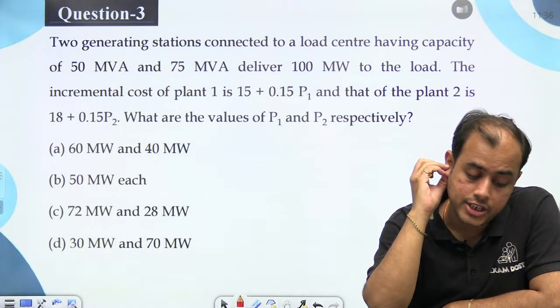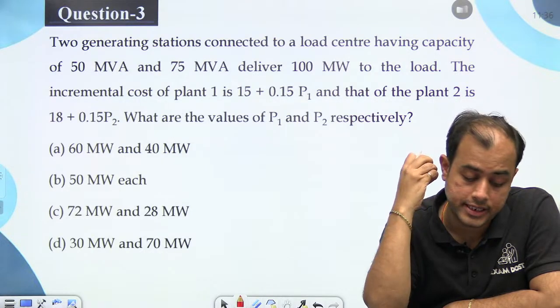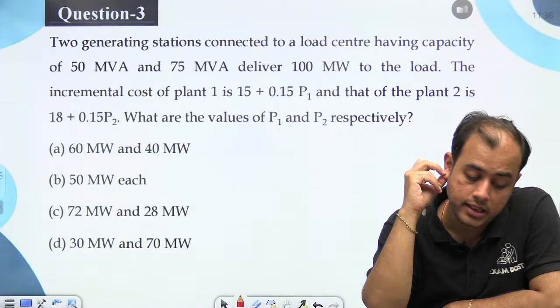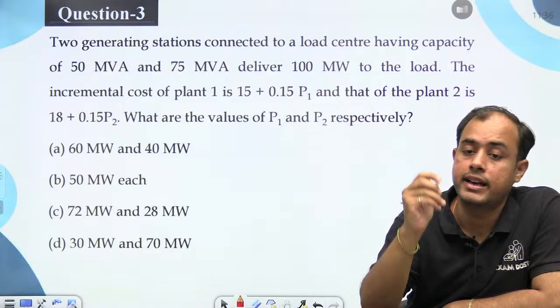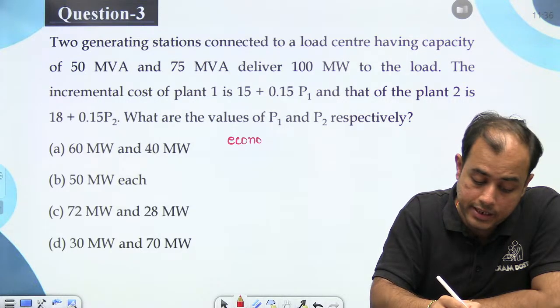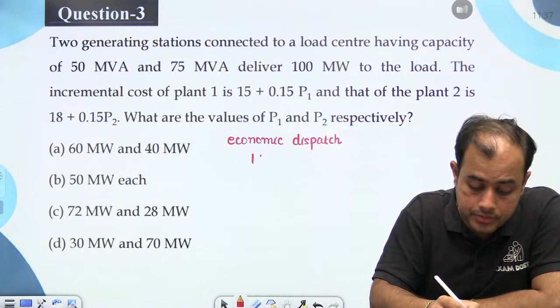Two generating stations connected to a load center with a capacity 50 and 75 MVA, ESE 2008, deliver 100 megawatt. Incremental cost is given. What is P1 and P2? Now beta, for economic dispatch, the condition is IC1 equal to IC2.